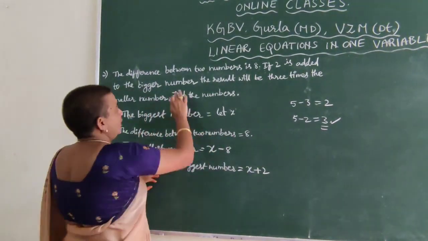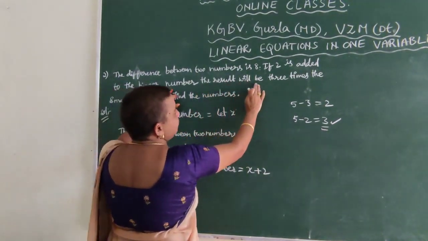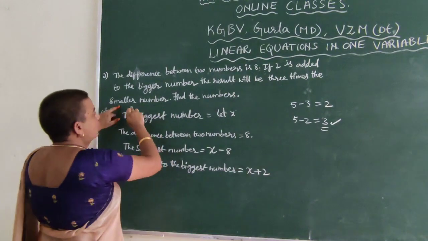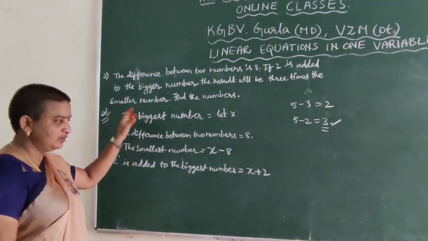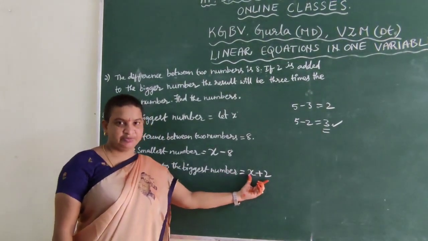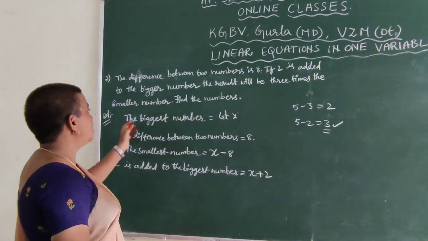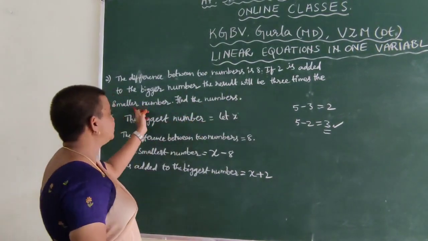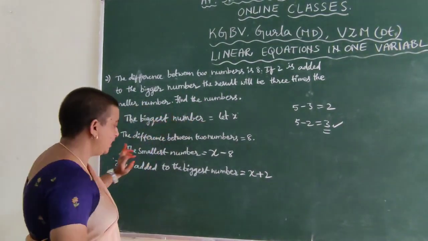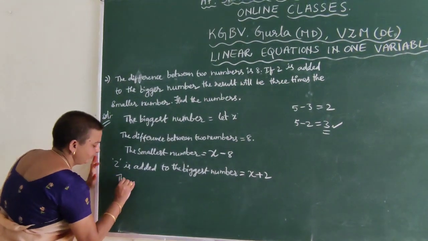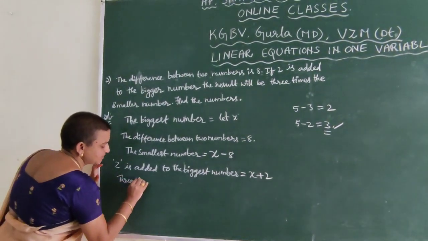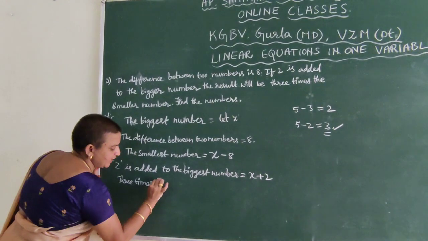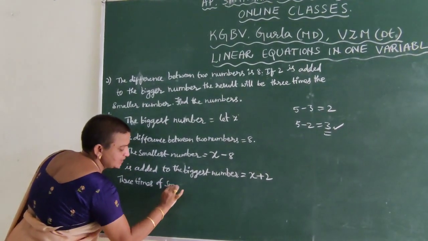The result will be 3 times the smaller number. The result is x plus 2. It will be equal to 3 times the smaller number.